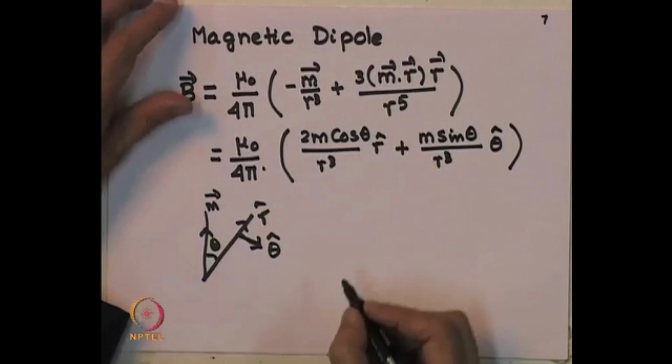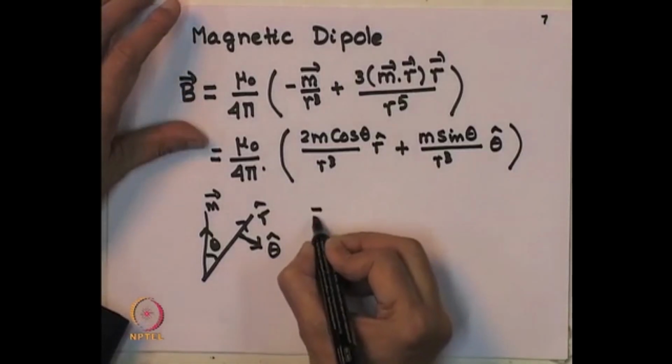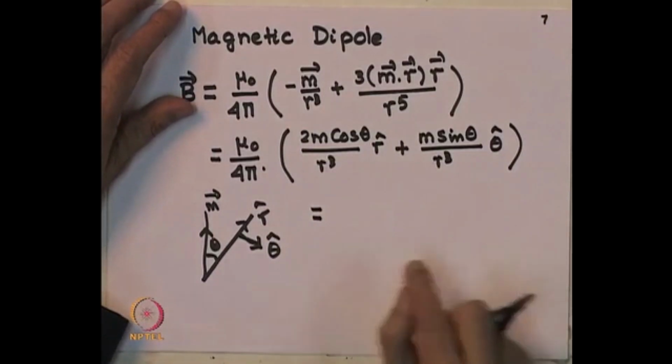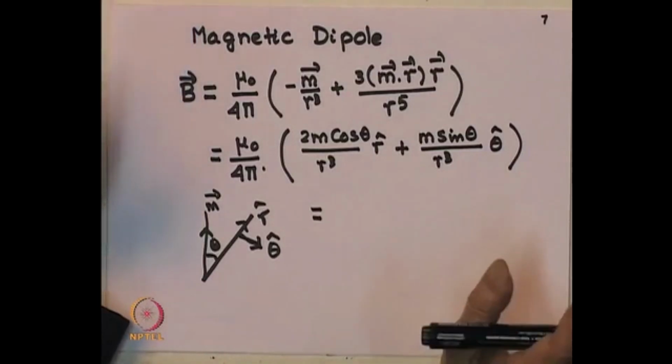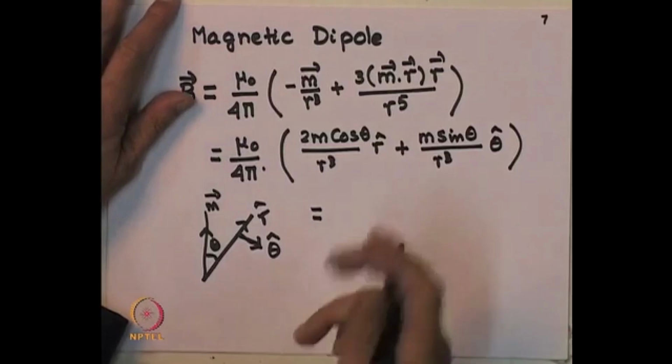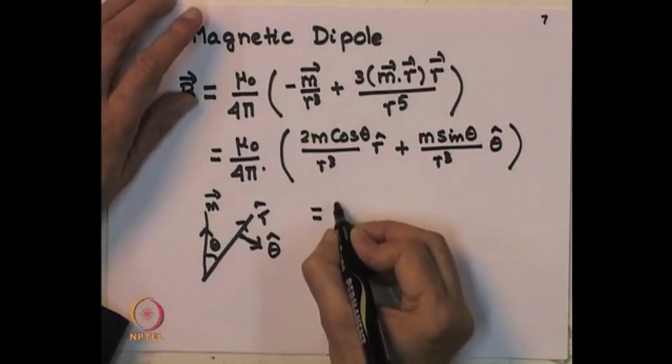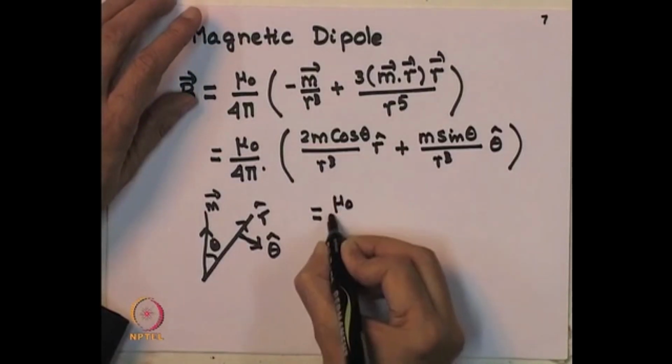Now, I want this quantity to be written as minus mu 0 times the gradient of a quantity. I claim that it can be trivially shown that this is mu 0 by 4 pi.